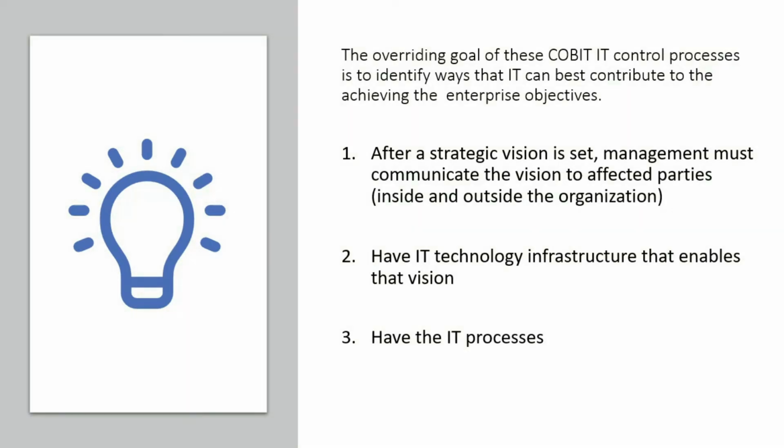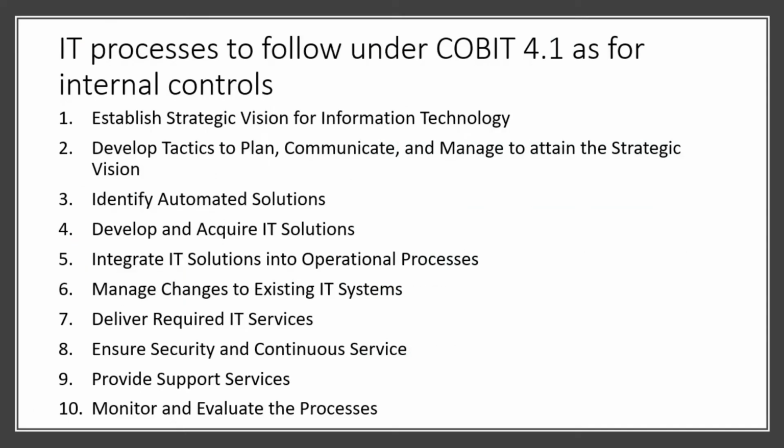After setting the strategic vision, managers must communicate that vision to the staff and to stakeholders, have information technology infrastructure that enables that vision, and have the information technology processes along with the infrastructure. The IT processes to follow under COBIT 4.1 for internal controls are as follows.